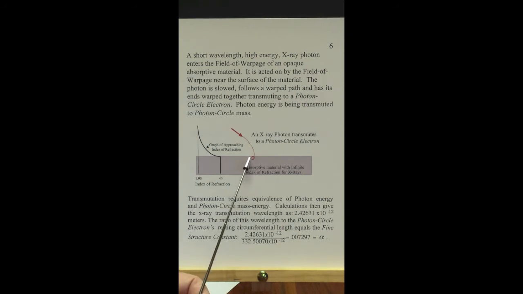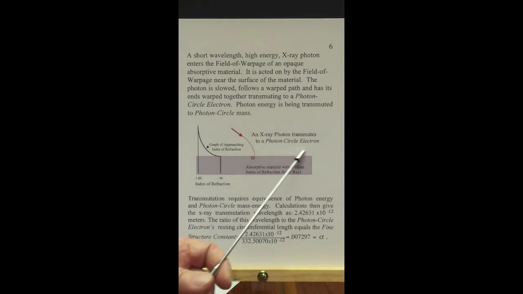It won't transmit the photons. This X-ray photon then impinges into the field and is caused to form a photon circle and change and transmute from a photon to a photon-circle electron.